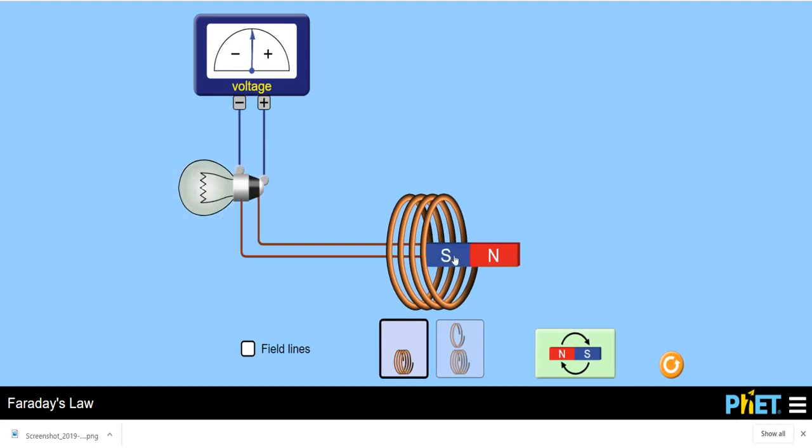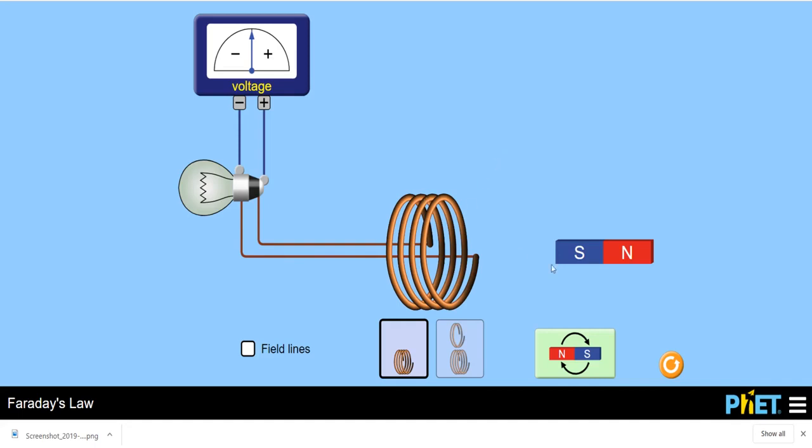And when I move it away from it, see, the deflection is on the left side. You observed the deflection was on the left side. So on changing the direction of poles, the direction of the induced EMF is reversed. And it is again reversed when we move it towards the coil or when we move it away from the coil. In that case also the direction is opposite.